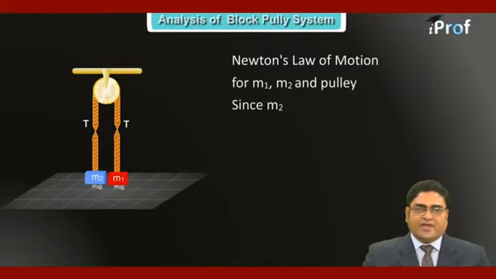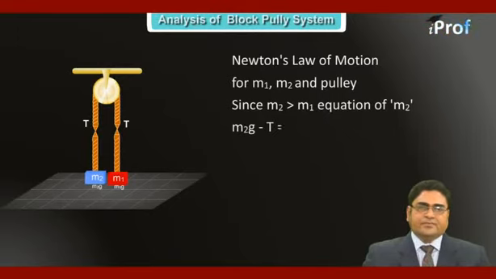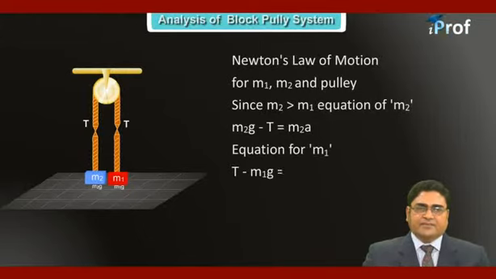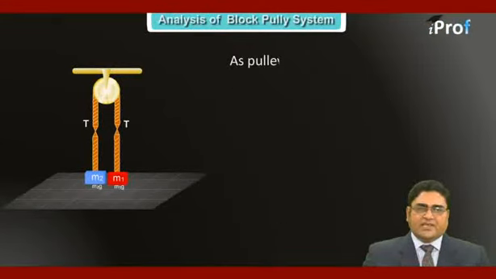Since M2 is more than M1, so equation for M2 is M2G minus T equal to M2A, and equation for M1 is T minus M1G equal to M1A. Equation for pulley is R minus 2T equal to 0 because pulley is massless. So R equal to 2T.